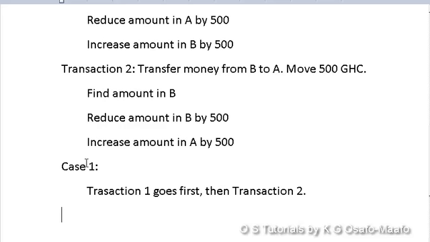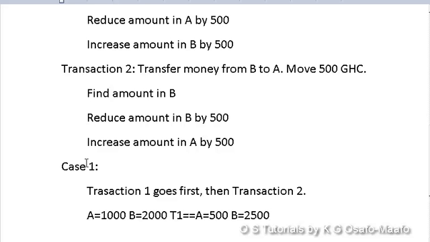Now, if these two transactions happen one after the other with nobody interrupting, and let's say transaction 1 goes first, then after transaction 1 works, we would expect that A would be 500 and B would be 2,500.